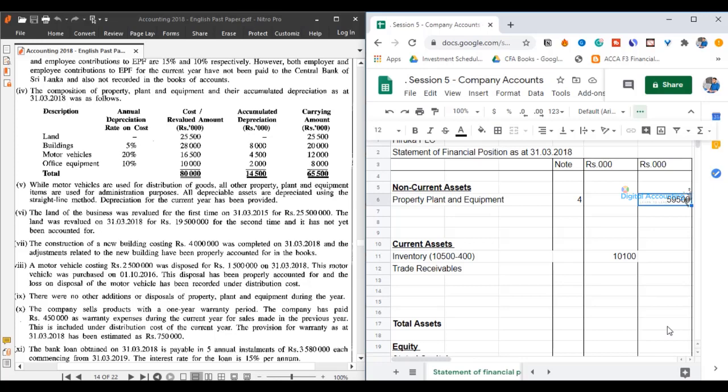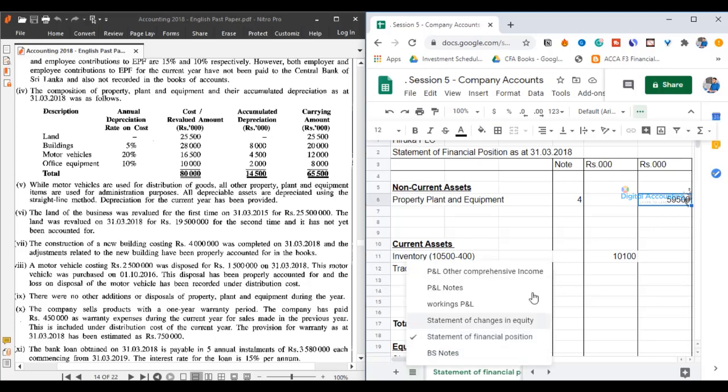The disposal loss was already recorded in the distribution cost. So we need to remove it from distribution cost and add that to the other expenses. So we need to go to the distribution expense working.